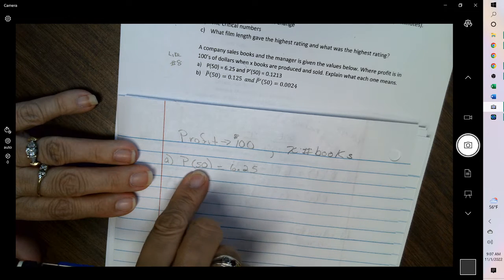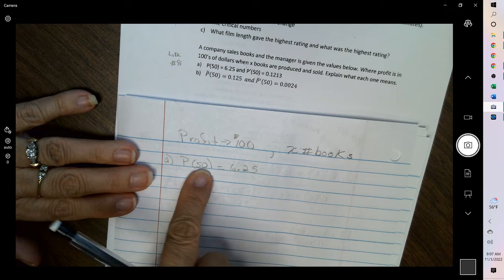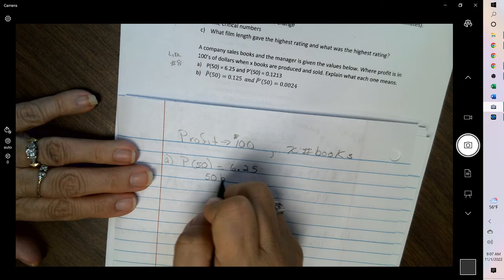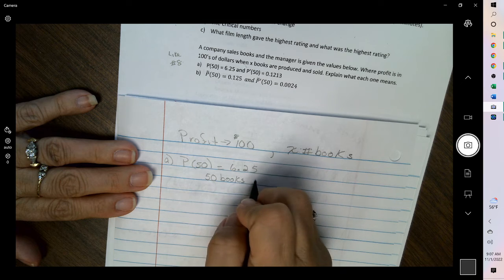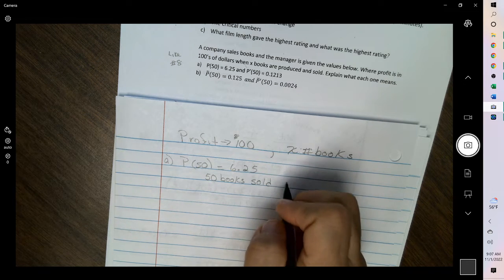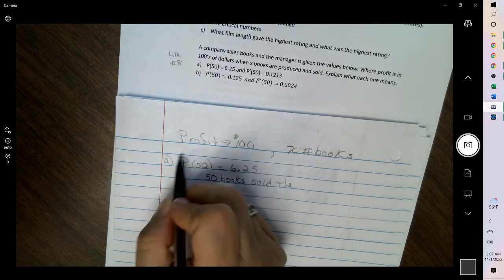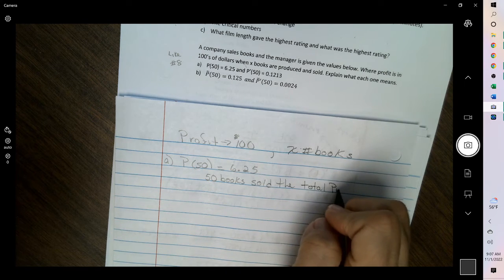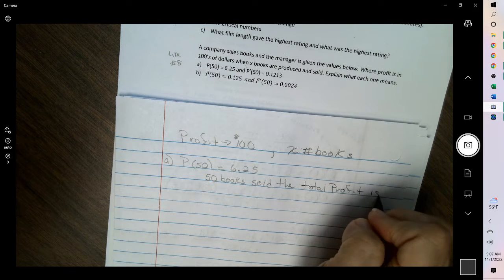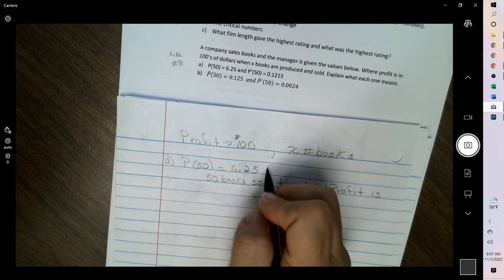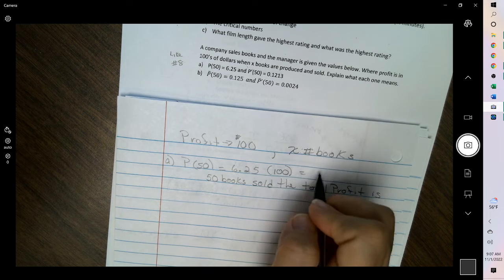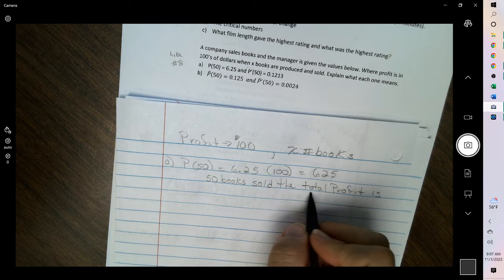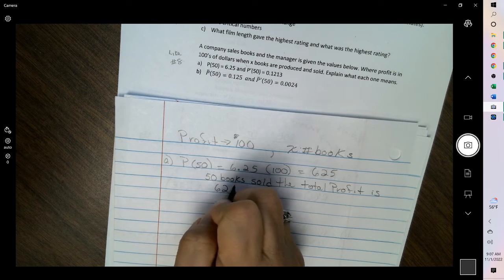X is the number of books. So when 50 books are produced and sold, the P of X is total profit. Profit's in hundreds, so it would be 625. When 50 books are sold, the total profit is $625.